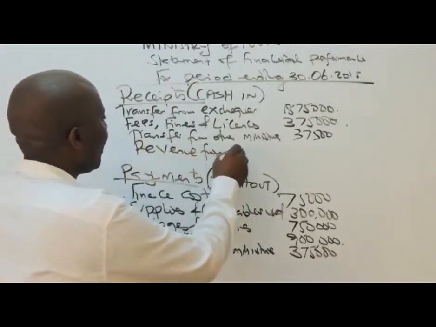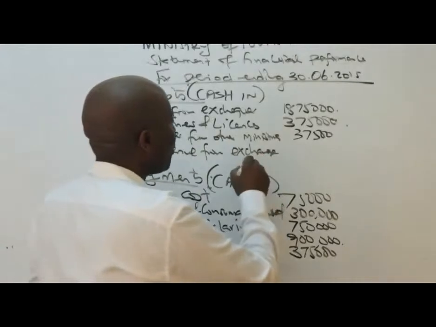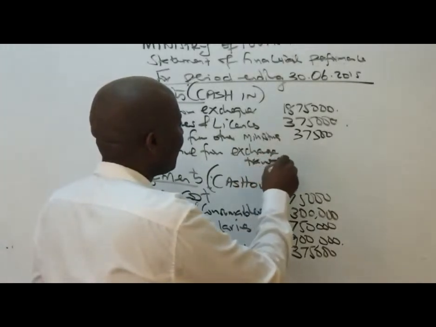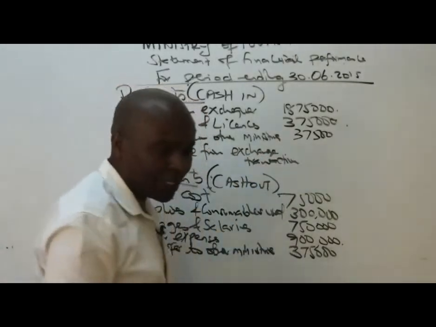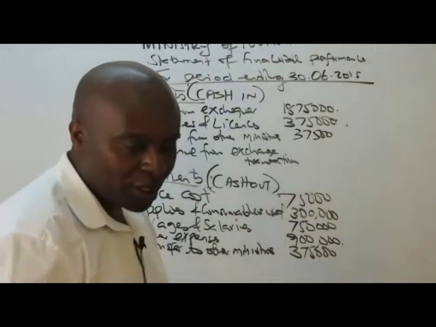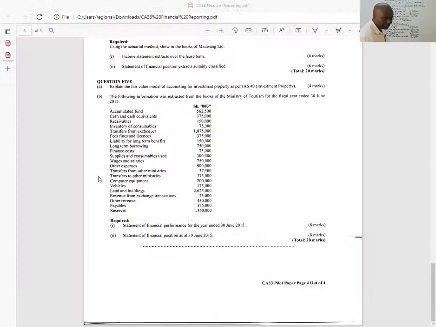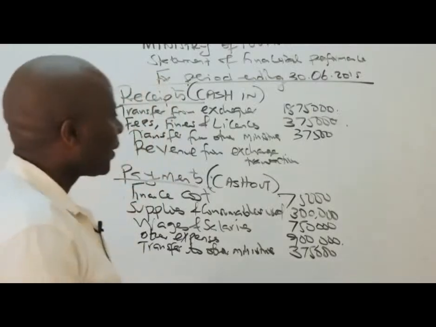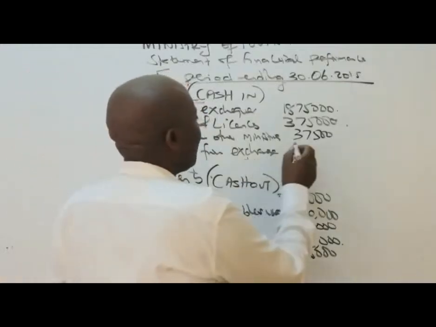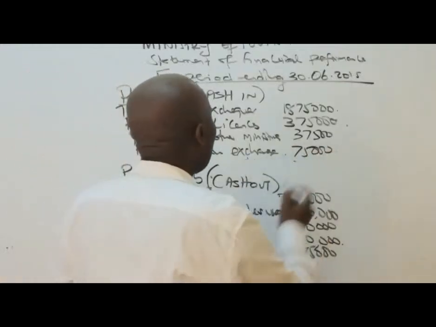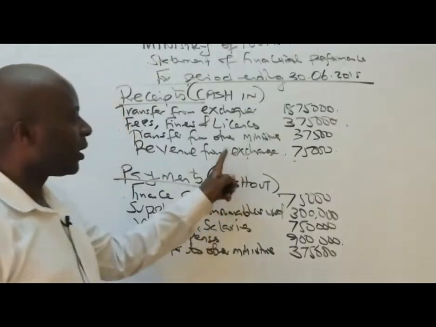So revenue from exchange transaction, what are we getting here? It is 75,000. Now, I would want to make myself clear.